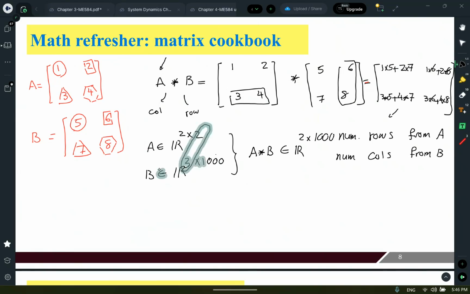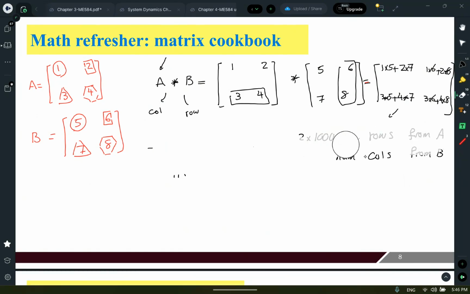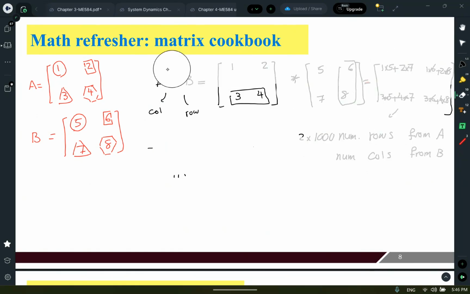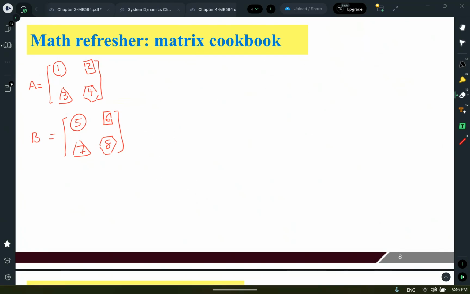Next thing is the determinant of a matrix. Let's say that your A is a 2 by 2 matrix. I'm going to do a 2 by 2 because anything more than 2 is a little bit difficult, and I do not want you guys to do it by hand.